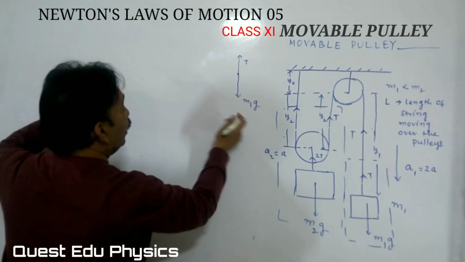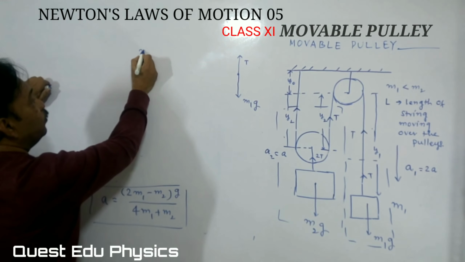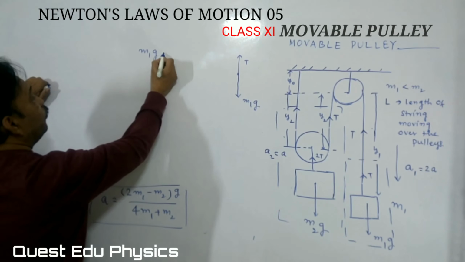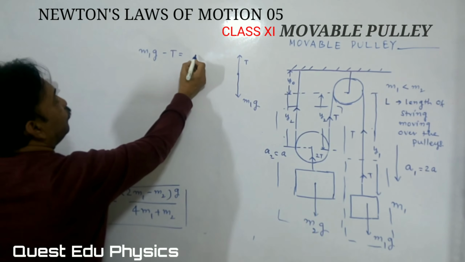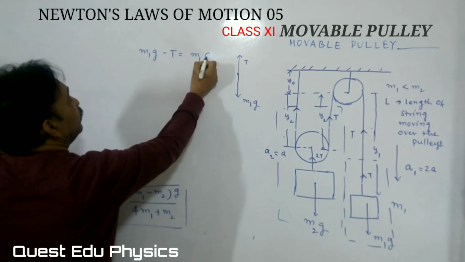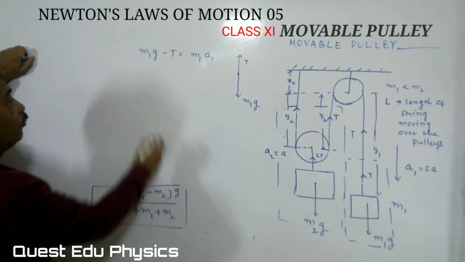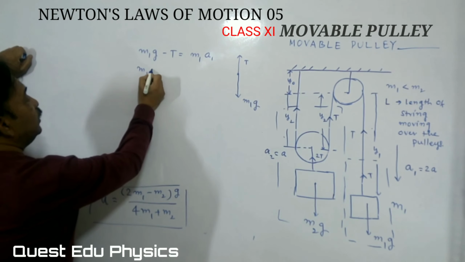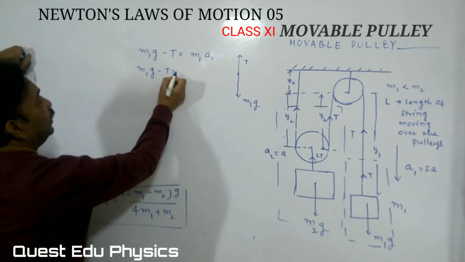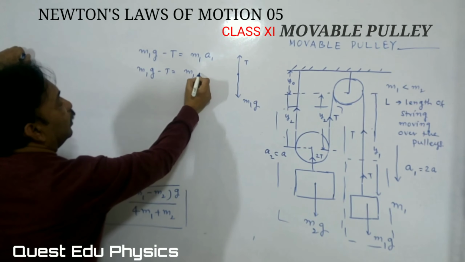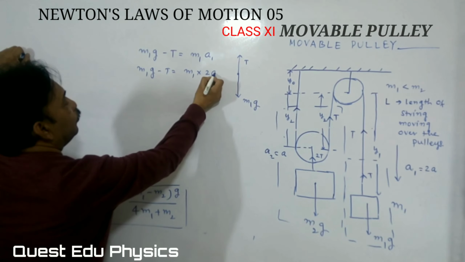It is M1G, the difference of the two, M1G minus T is equal to M1A1. Okay. And we wrote it as M1G minus T, M1 into 2A.